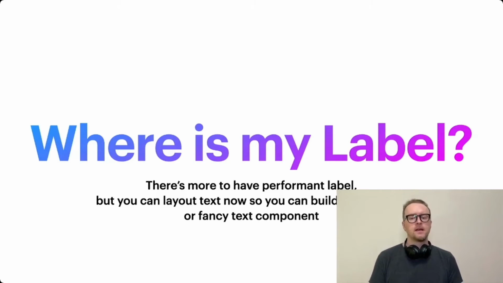If you're interested more about the UILabel, you can check the TTTAttributedLabel. It's pretty old, but there's a lot going on with using CoreText itself to draw the attributed string on the label.